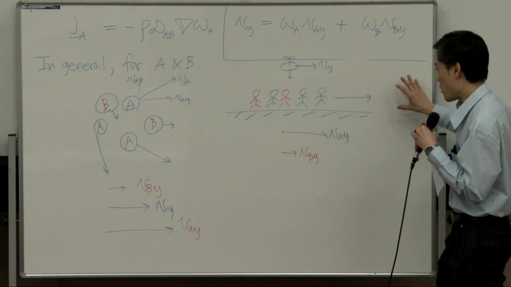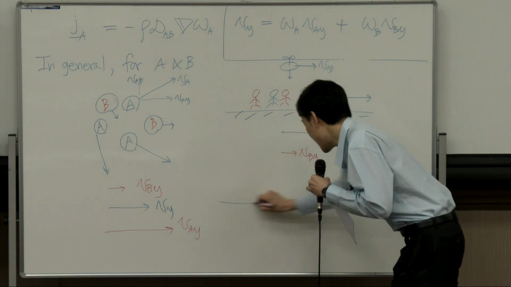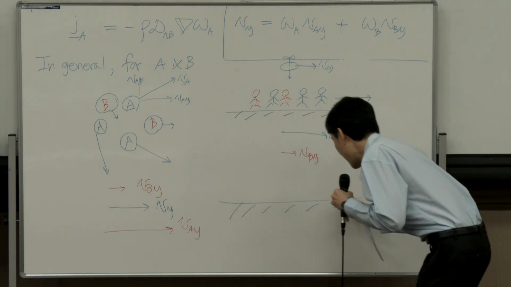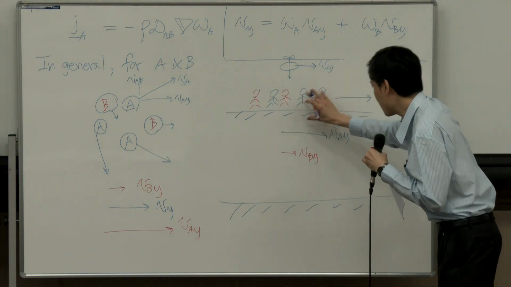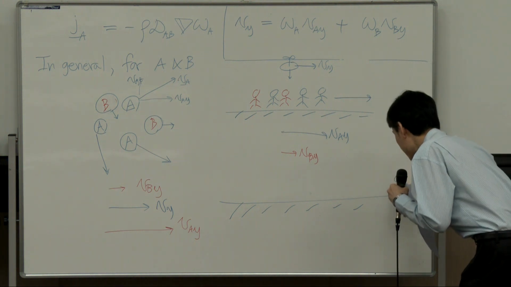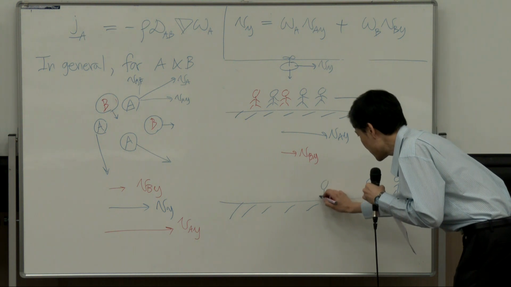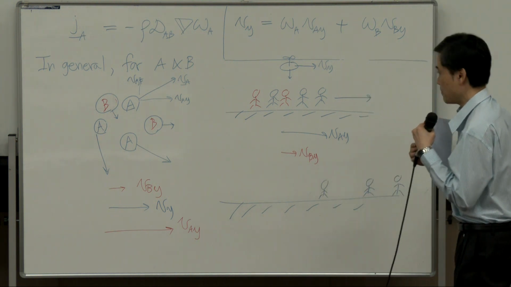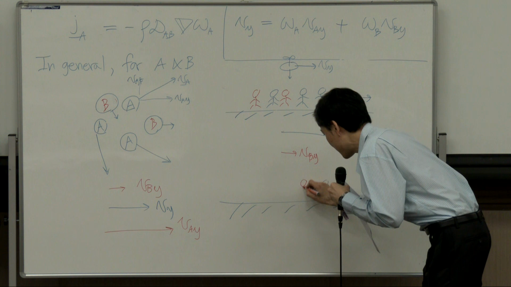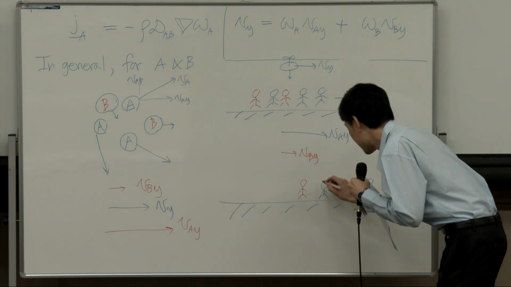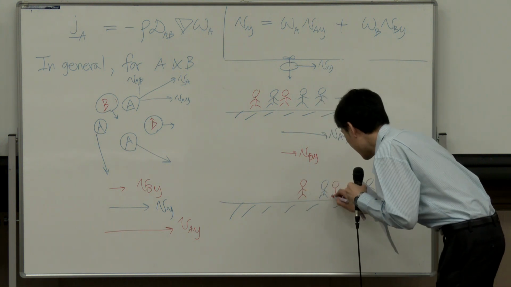As time goes, you see that, of course, the whole group would move to the right-hand side. And there will be separation between groups. You may have the old guy left behind, like so.